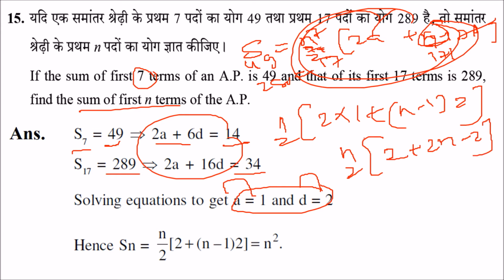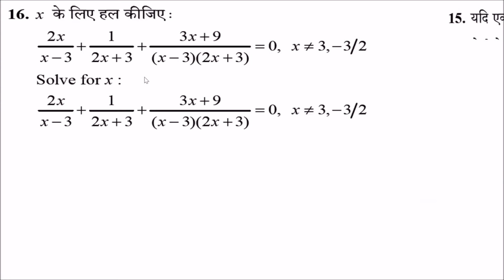So you can easily find out that if a equal to 1 and d equal to 2, this 2n minus 2 and this 2 get cancelled, and you get n square.